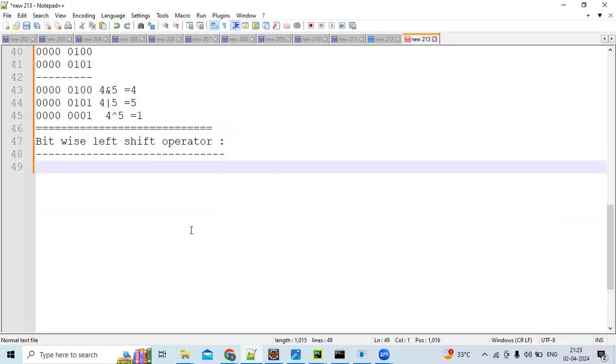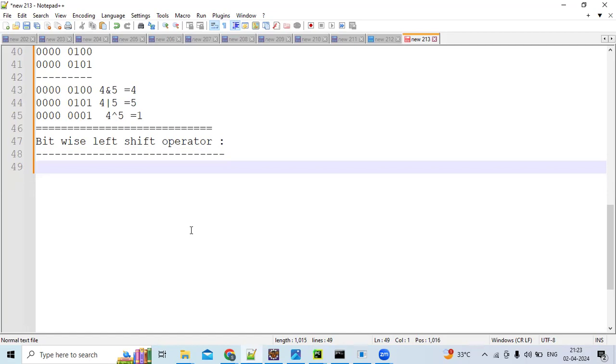Anyone of you have an idea what the bitwise left shift operator or bitwise right shift operator is? Guys, yes or no? Yes. So can you tell me, Prashant, what is bitwise left shift and what is bitwise right shift?